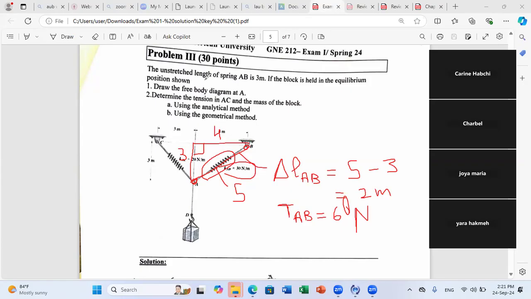They told you that when the spring is unstretched, the value of AB was 3 meters. So any stretching of the spring will add to the length of AB. So the stretching of the spring is simply the variation in length of AB. It's the length of AB at any position minus the unstretched length, which is 3 meters.